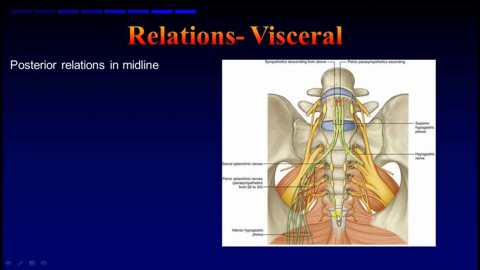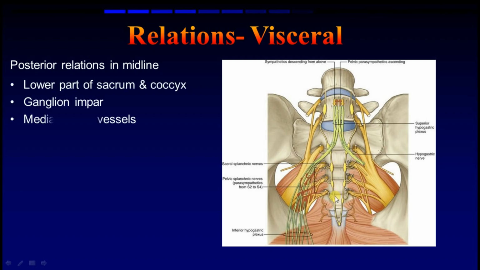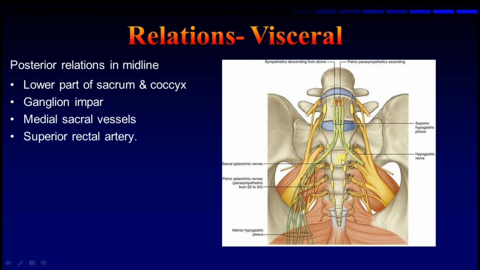Three pieces of sacrum and coccyx, S3, S4, S5, and then coccyx, ganglion impar, and you come across median sacral vessels. Okay, in the midline you will see median sacral vessels. They are the direct branch of abdominal aorta, and then superior rectal artery also passes behind the rectum and then pierces the wall of the rectum.